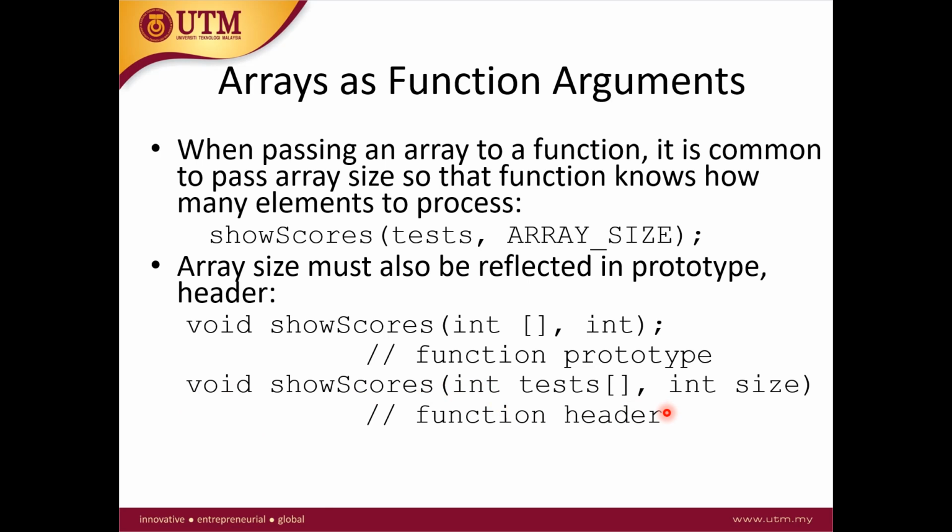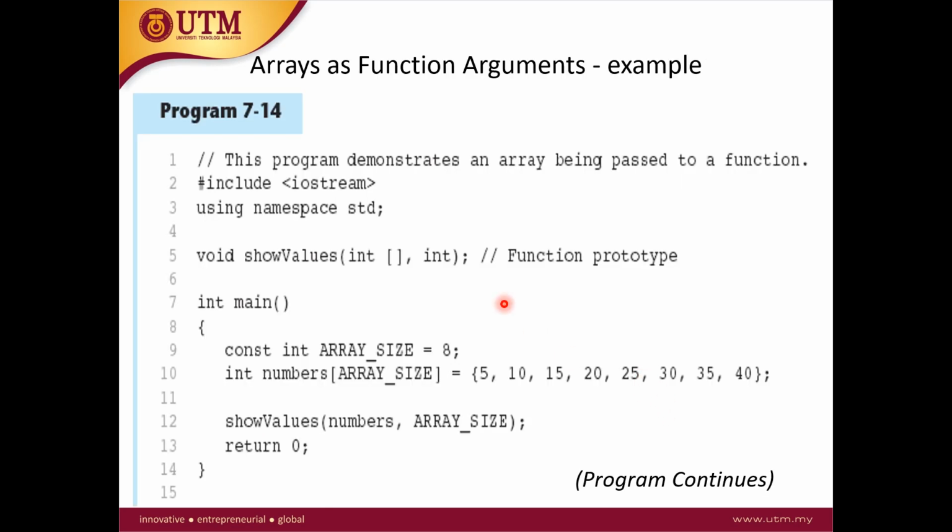This is an example which demonstrates an array being passed to a function. We are applying a function on an array. For example, void show values on an array. So this is the function prototype. It's not the function header. That means this function is going to be applied on an array of this size.